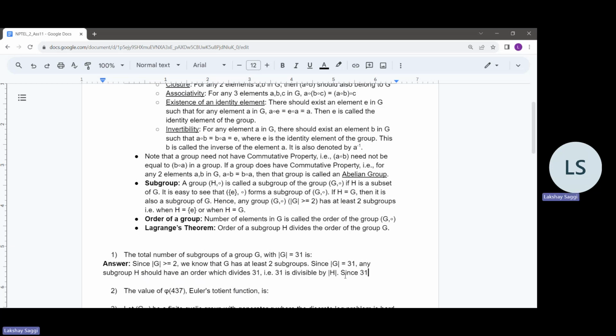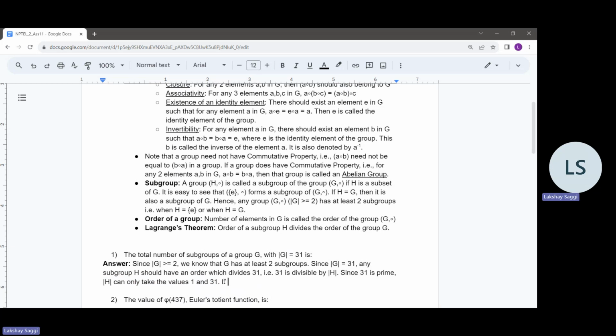So since 31 is prime, the order of the group H, which I denote by |H|, should divide 31, and can only take the values 1 and 31.